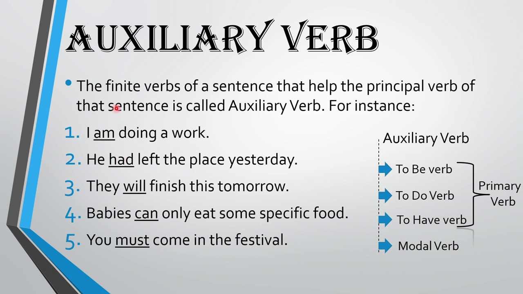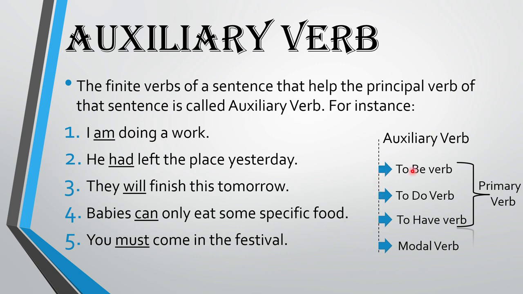"Had" is also an auxiliary verb if it is used in the past perfect tense, and their principal verb is "left". Then "we" is a modal verb. We see a chart beside the examples.